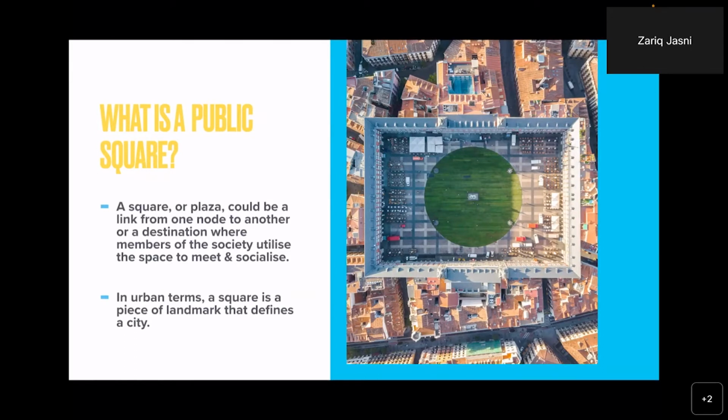Streets and squares are the primary, and many would argue the most important, open space in the dense urban core of cities all throughout the world. Moving on to my next slide, as you can see here, a square or a plaza could be a node or a landmark depending on the location that it is situated.